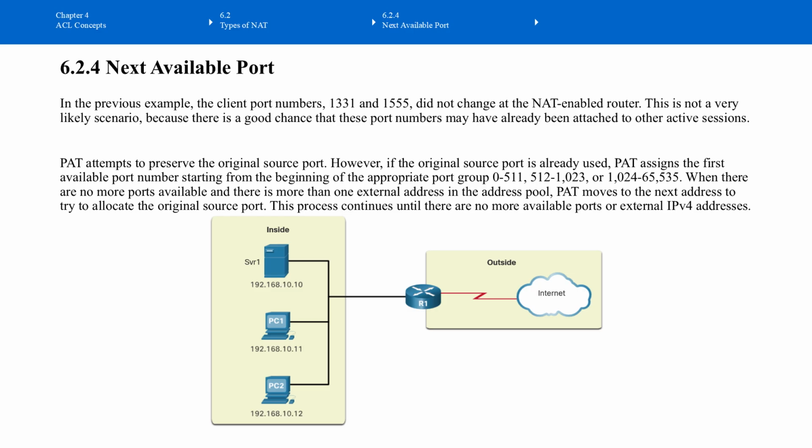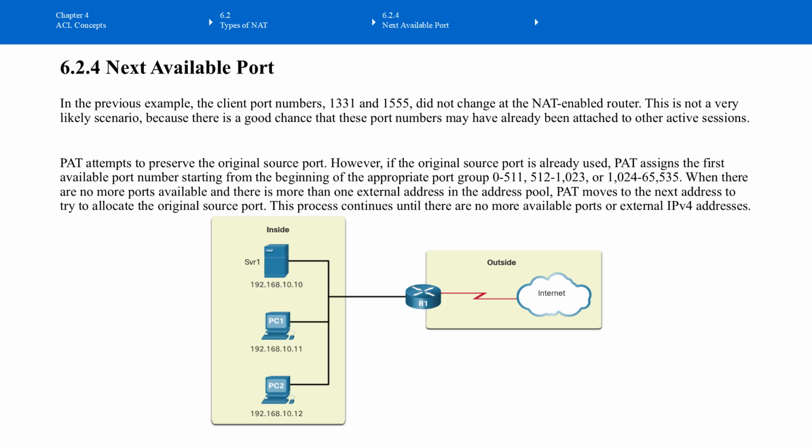When PC3 communicates with the internet, the outside device sees 209.165.200.226 instead of 192.168.10.12. The remaining public addresses, 227, 228, 229, and 230, are still available for other inside devices.